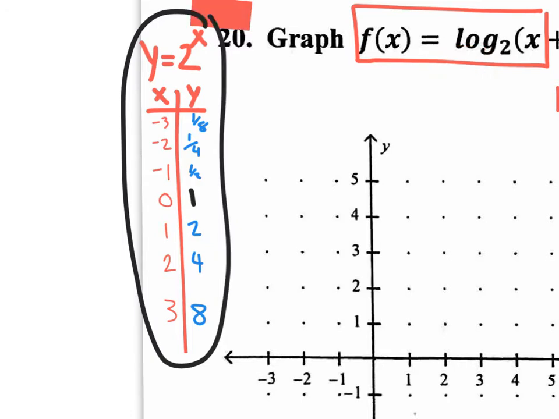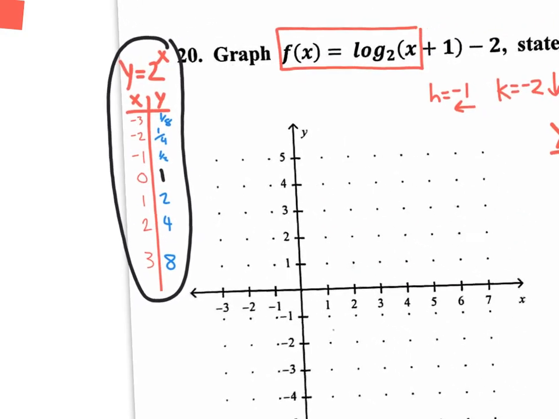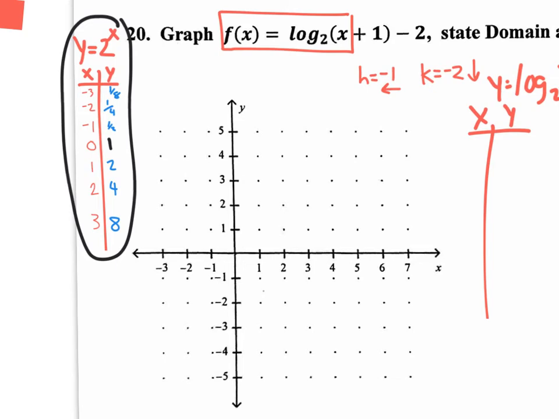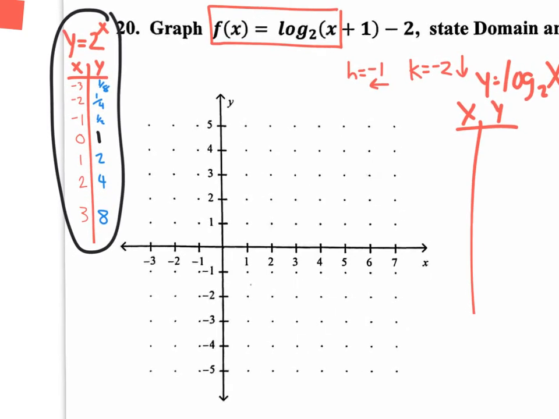I can move this box now out of the way. And the logarithmic function is going to have the same exact coordinates, just it's an inverse, which means you're going to switch them. So these coordinates over here will be the same exact coordinates over here, but the x's and the y's are going to be switched. So instead of -3 and 1/8, it's going to be 1/8 and -3.